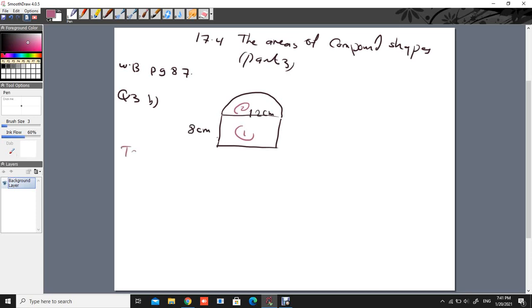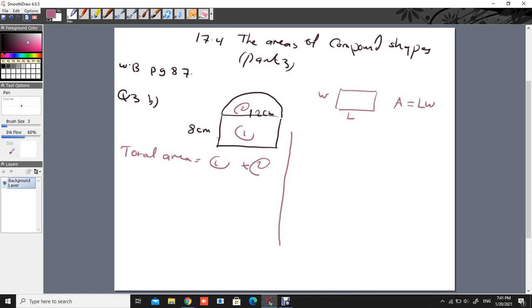So the total area, the area of number 1 plus the area of number 2. Now let's work on the area of number 1, which is a rectangle. Length times width, so any rectangle, length, width. So here the area equals length times width.